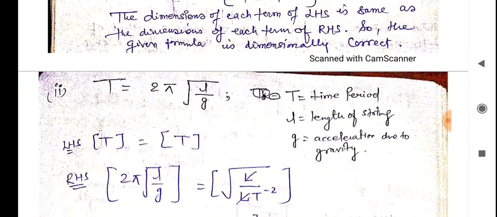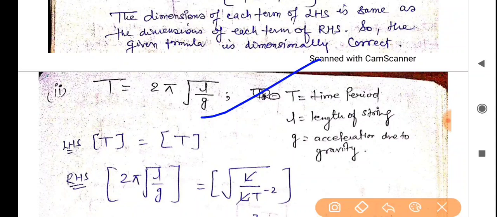Next is time period, T equals 2 pi root under L upon g, where T is time period, L is the length of string, and g is acceleration due to gravity.